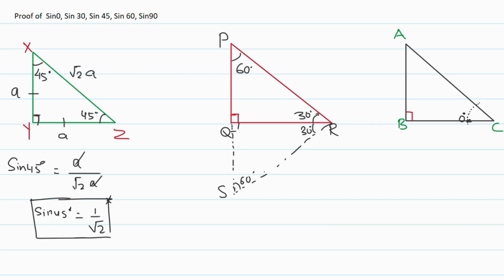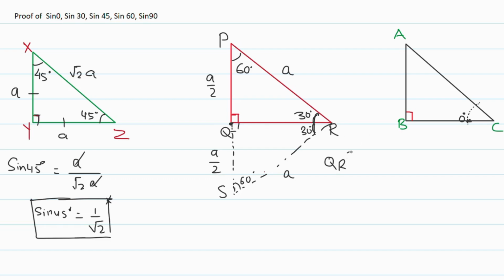If you see triangle PSR, it is an equilateral triangle, right? If it is 30 plus 30, it will become 60, so each angle is 60 degrees, so it will become equilateral. And in an equilateral triangle we know all the side lengths are equal. So again I am assuming this as a, so this will also become a. Since this is congruent, PQ and QS are exactly the same length, so it will become a by 2 and this will become a by 2. Let's calculate QR by Pythagoras theorem.